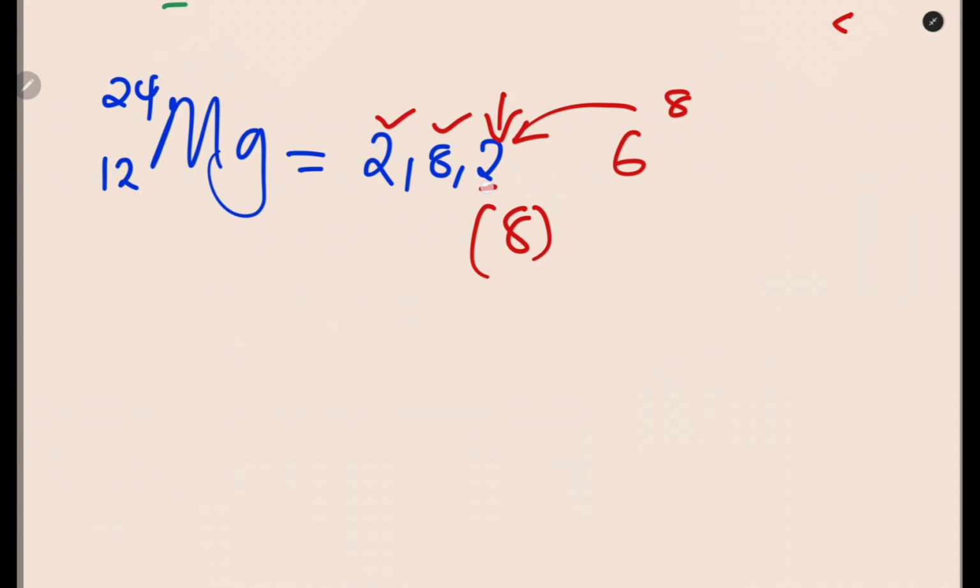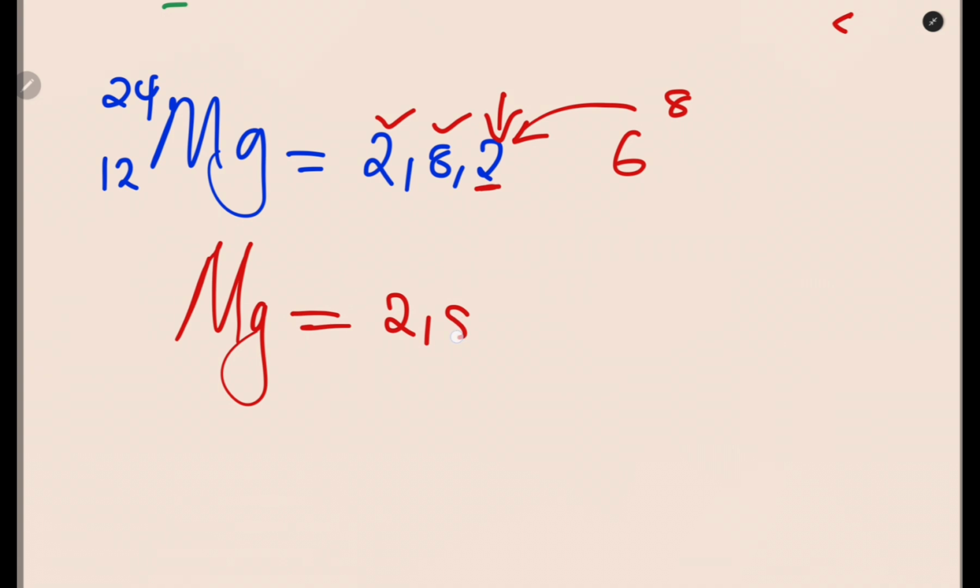It is easy to lose 2 than to gain 6. So the atom will use less energy to lose 2 than to gain 6. So it is going to lose 2 electrons, and therefore the magnesium ion configuration is going to be 2, 8.